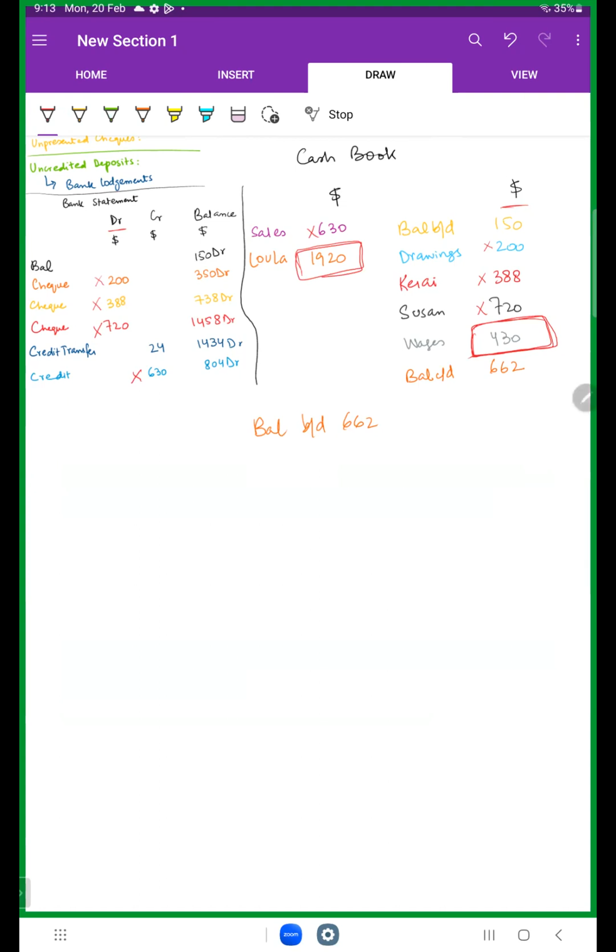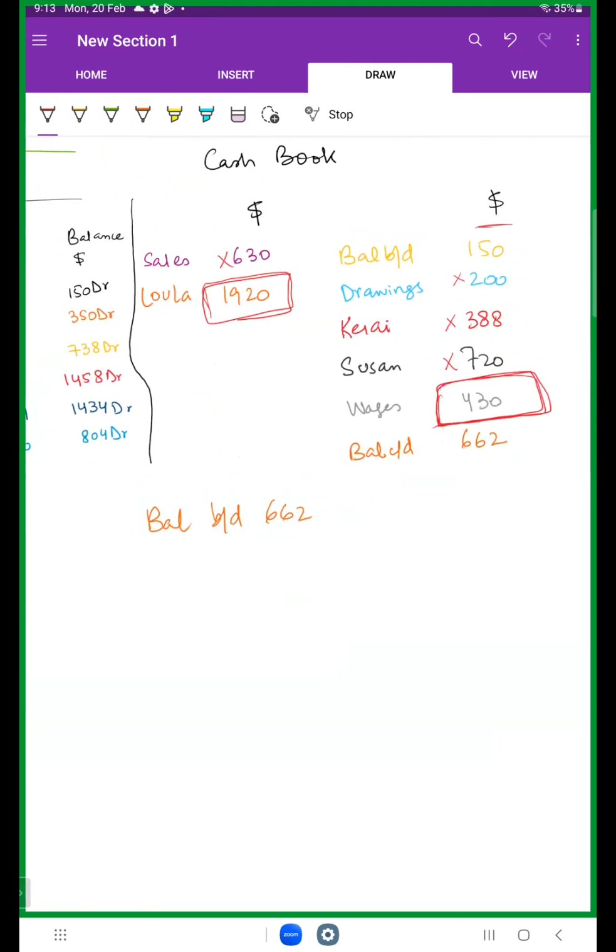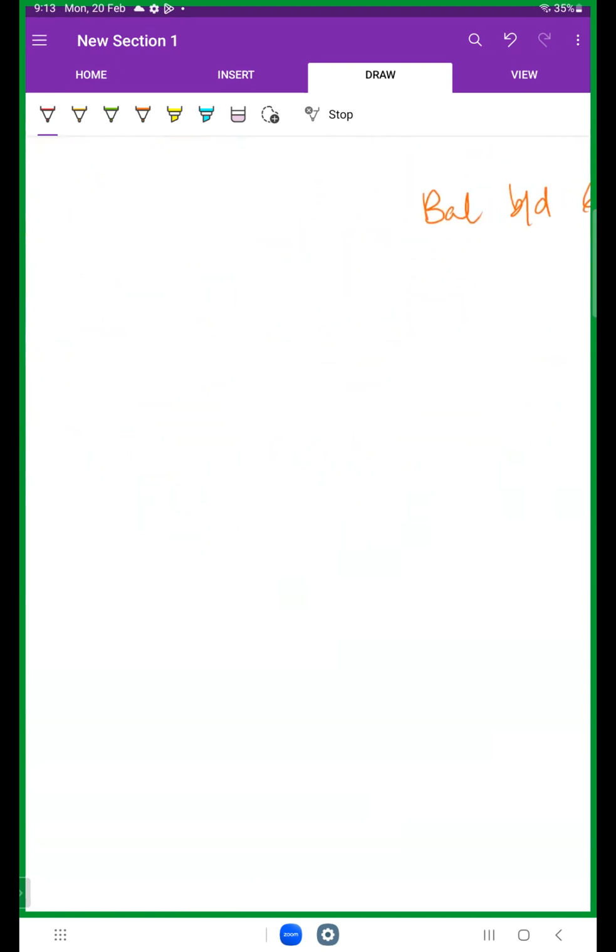These will go into the bank reconciliation. Yes, perfect. All those things, let me write it for you so that it gets easier. You can note it down.